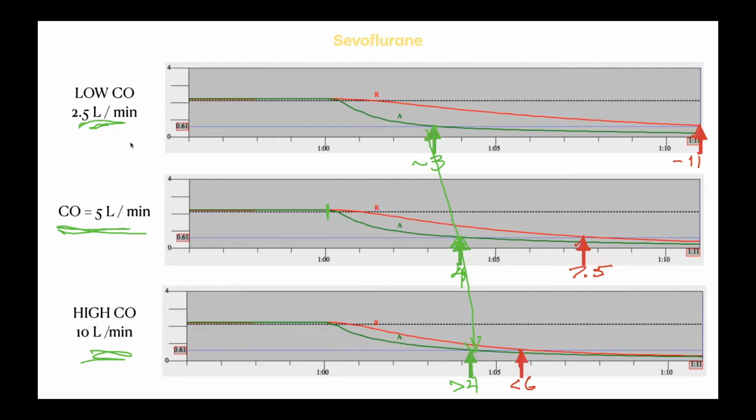But we know that alveolar pressure is not going to be reflective of your brain pressure. And in fact, if you look at the other way, as you increase your cardiac output, the time it takes for your vessel rich group to reach your MAC awake actually decreases. And I think this is what you see clinically.